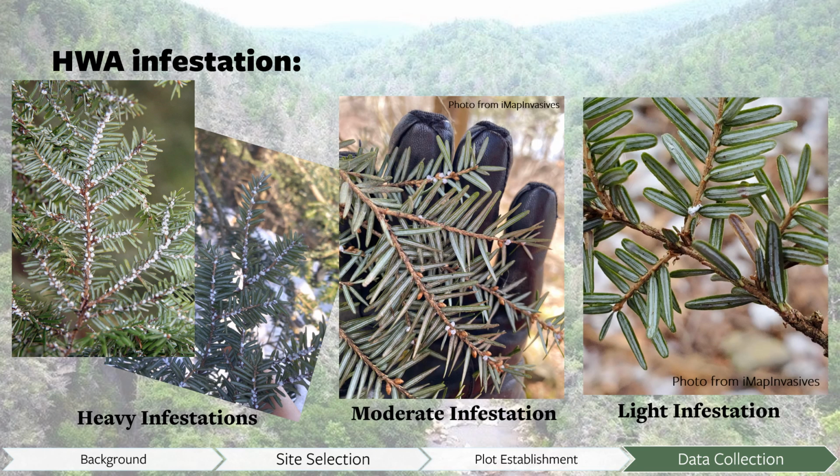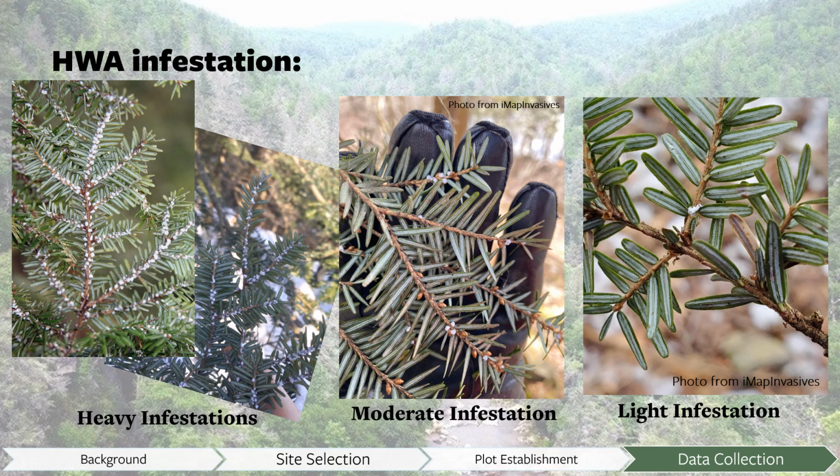And then for a light infestation, it could be as little as just a single mass on a twig. That's going to be a lighter infestation. Anything greater than 0 is a light infestation, and then you can estimate whether it seems more on the light side or more on the moderate side.